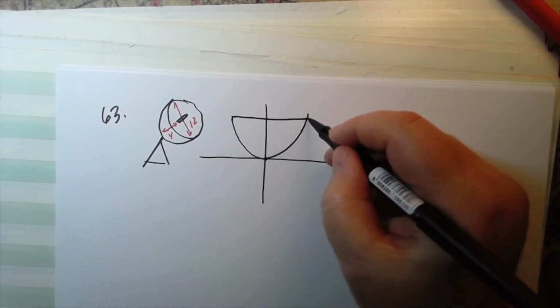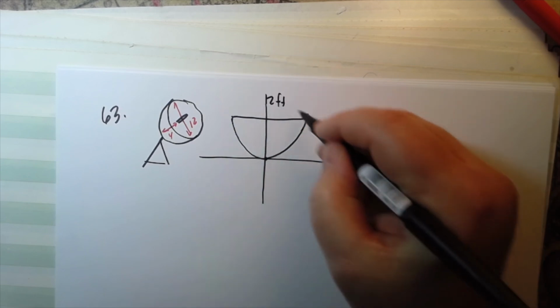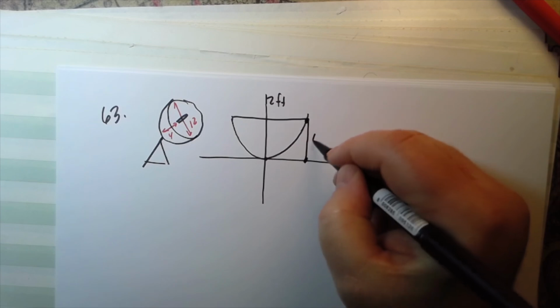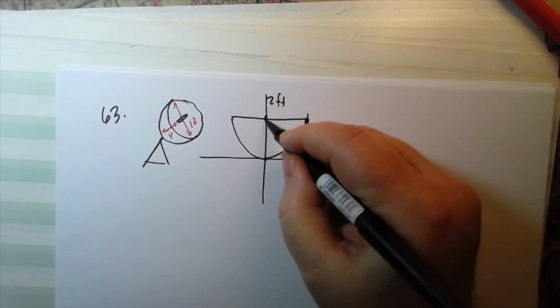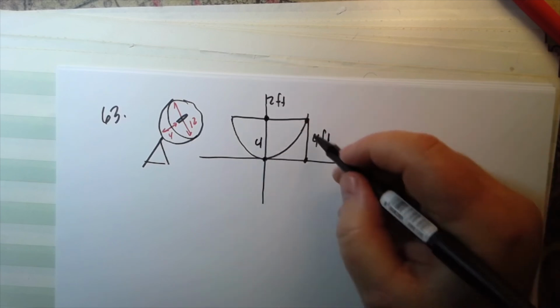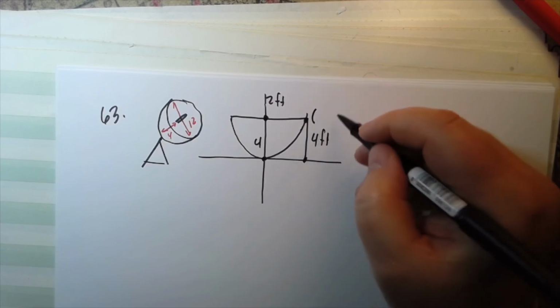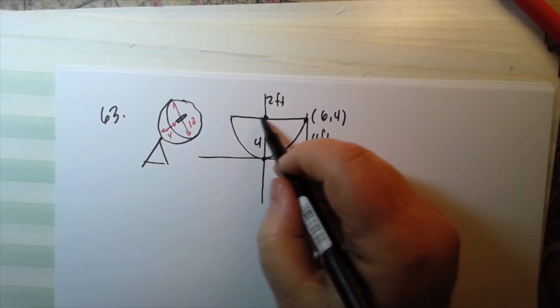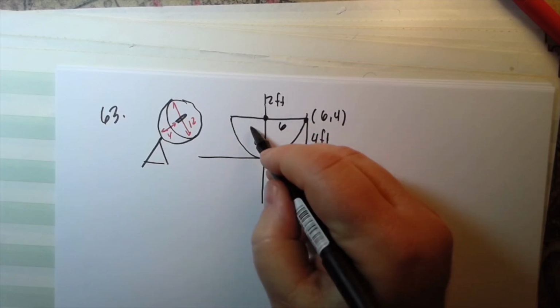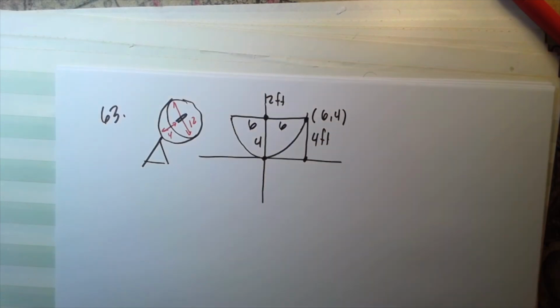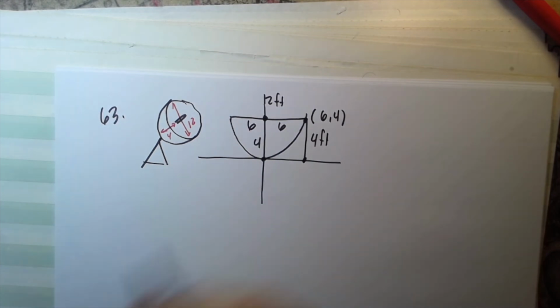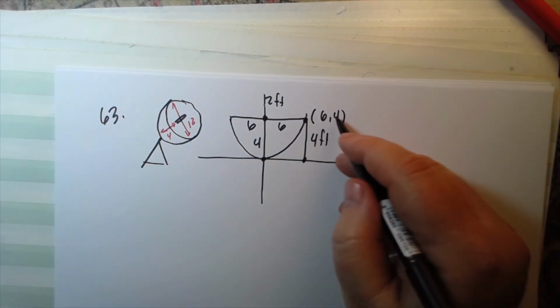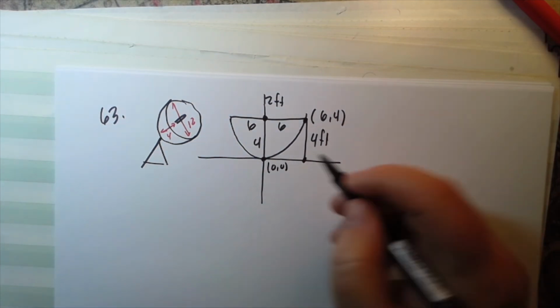This is 12 feet across, and it's 4 feet deep, in other words from here to here is 4 feet. So this would make this coordinate (6, 4), because if it's 12 feet across, 6 feet is on one side and 6 on the other, if we put the vertex at (0, 0).